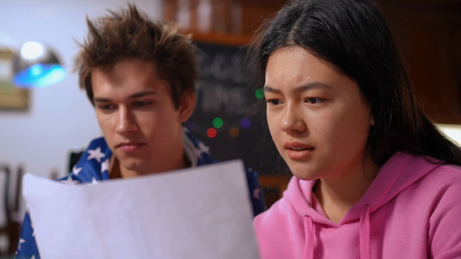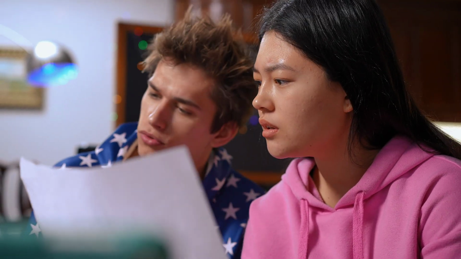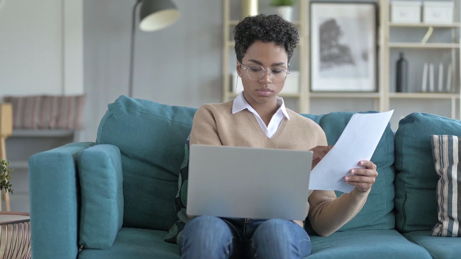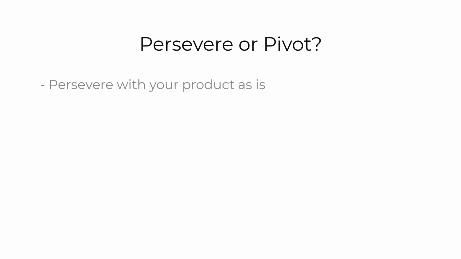Maybe the feature you thought was important doesn't actually solve the problem. Maybe you weren't focusing on the right target user. And then use what you've learned to revise your thinking. Describing your decision as whether to persevere or pivot is a simplification, of course, since there are lots of shades of gray. For example, you might persevere with your product as is.